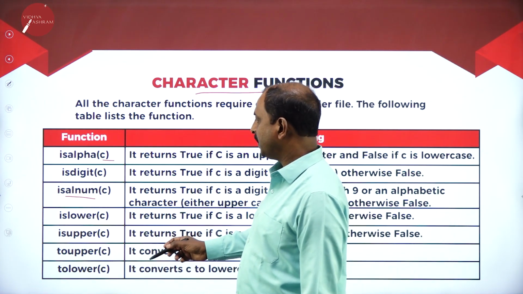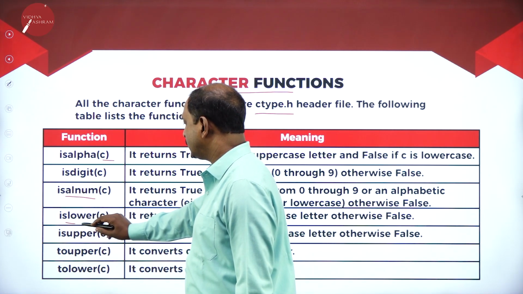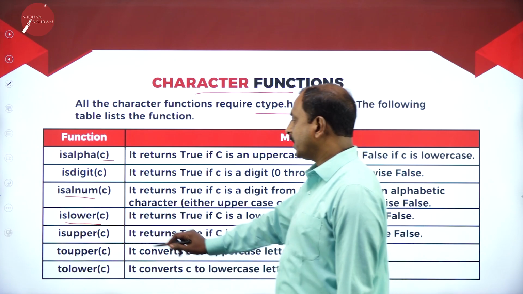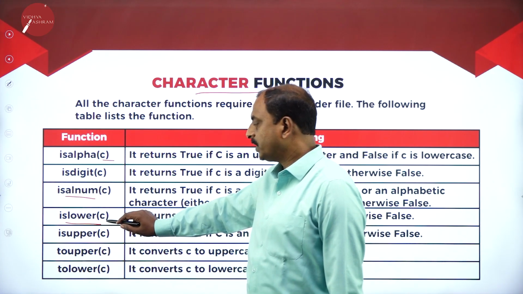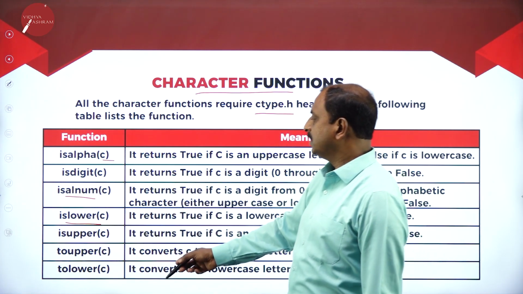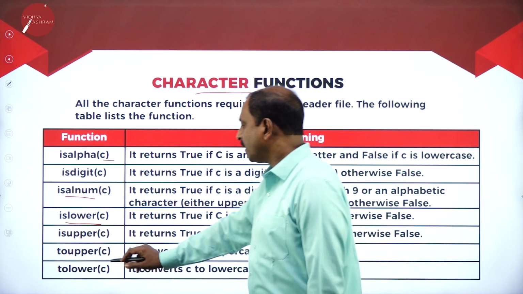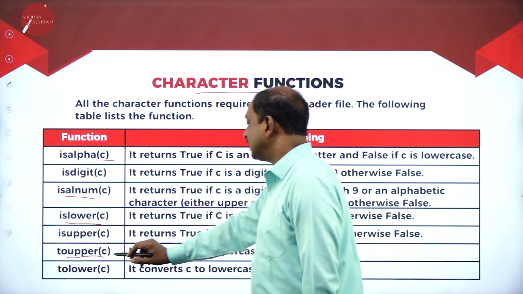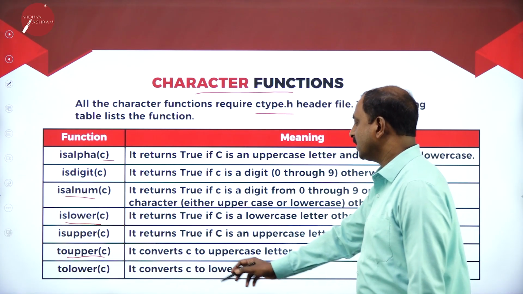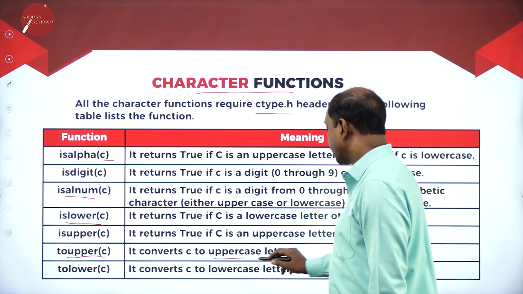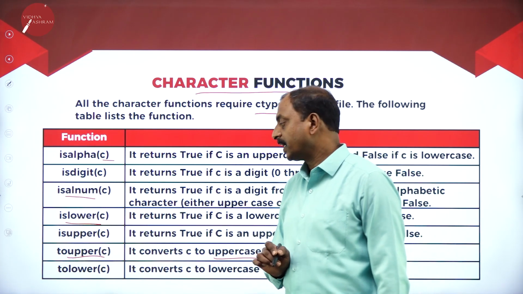So in this example, the next one is islower(c). It checks whether the input is a lowercase character. If it is a lowercase character, it returns true. Similarly, isupper checks for an uppercase character. And the next one is toupper(c). It converts the value of c to an uppercase character if it is a lowercase character.